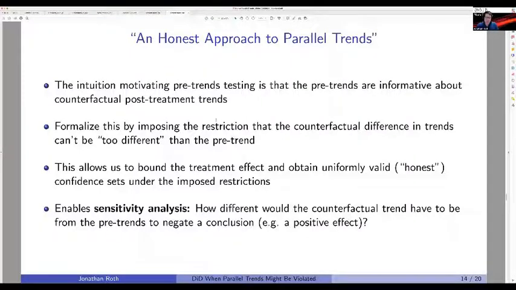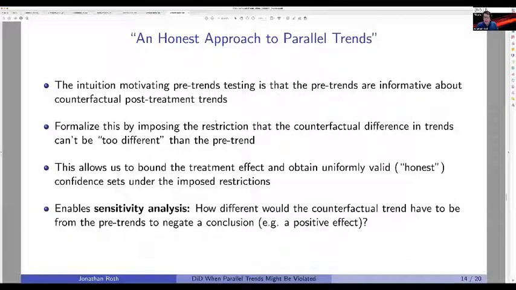And so we formalized this by imposing a restriction that says that if I knew the true pre-trends, that would allow me to bound how big the true counterfactual violation of parallel trends is. So it says that the counterfactual difference in trends in the post-treatment period can't be too different from the true pre-trend. And so if we do that, we can obtain bounds on the treatment effect.